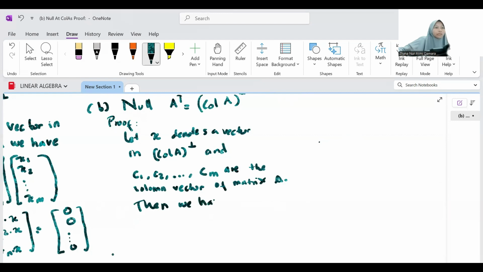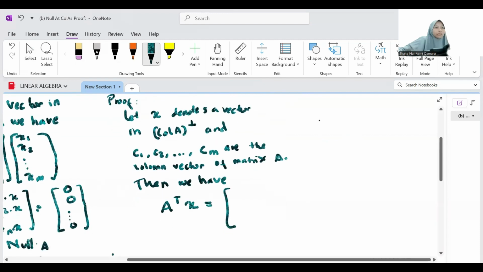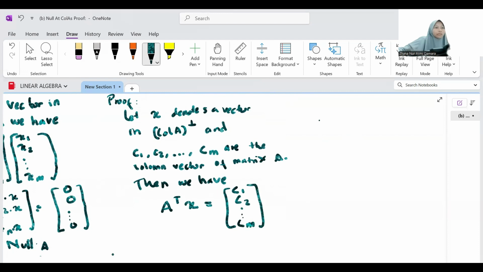Then we have A transpose times x equals the matrix with rows C1, C2, and so on until Cm, times x1, x2, and so on until xn.